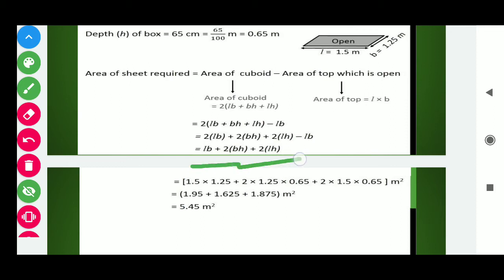Putting the values of L, B, H, we get 1.5 into 1.25 plus 2 into 1.25 into 0.65 plus 2 into 1.5 into 0.65. So students, our answer is 5.45 square meter.